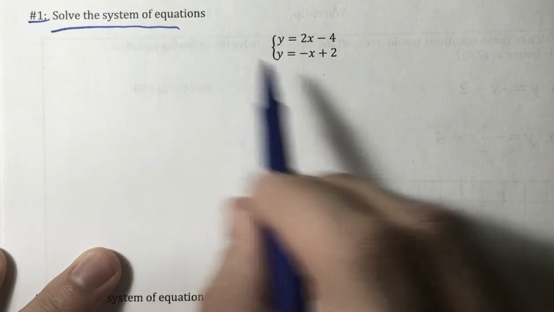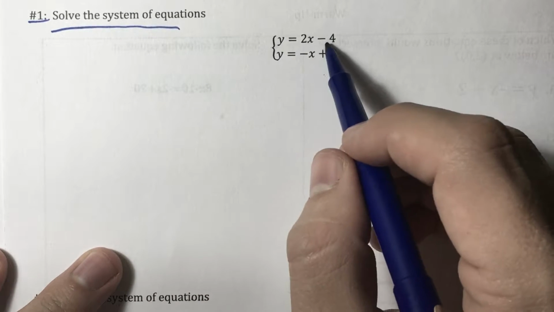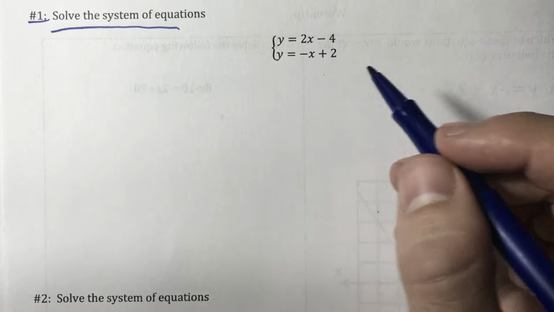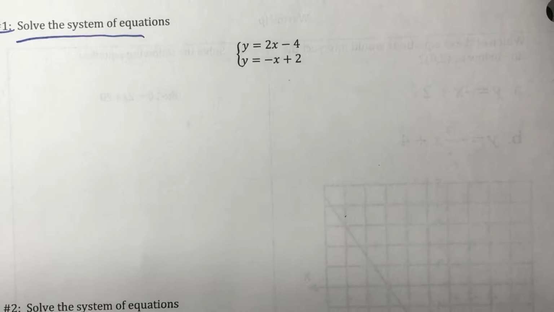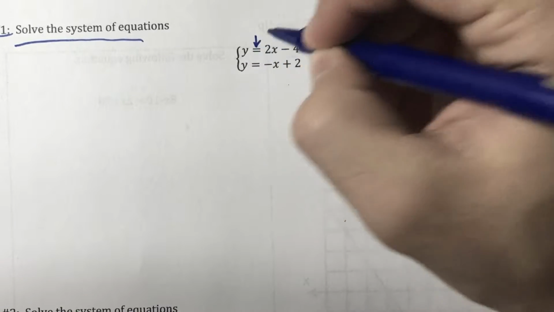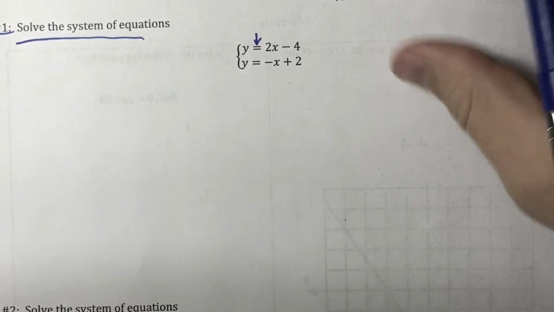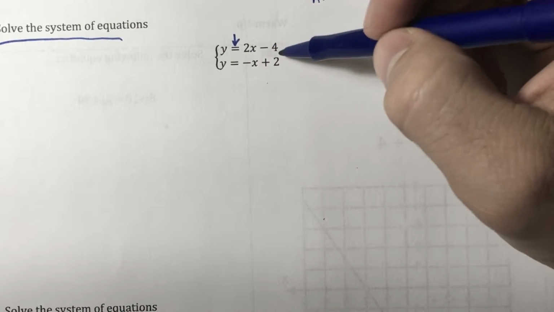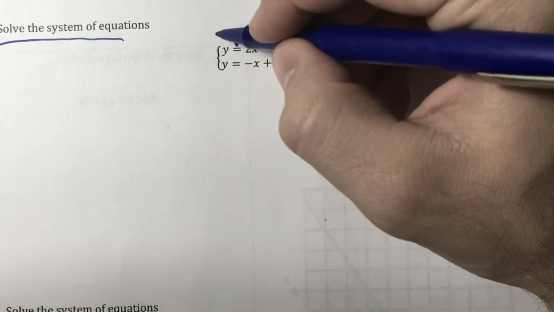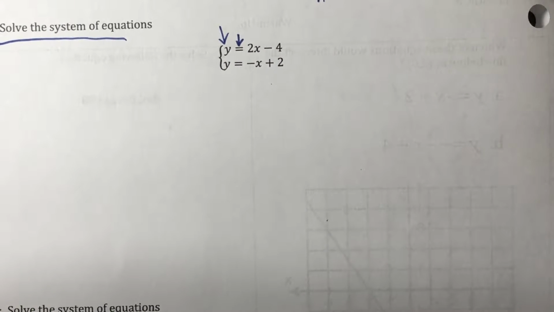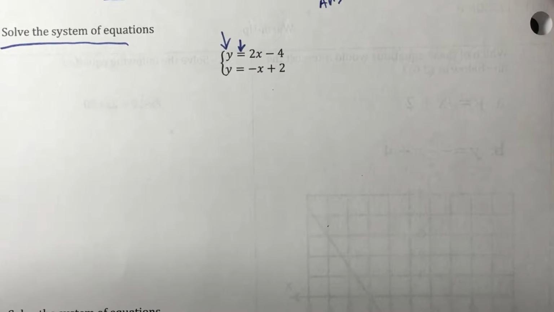So here in number 1, we're asked to solve this system of equations where we have y equals 2x minus 4 and y equals negative x plus 2. Now, the biggest piece in substitution is understanding what this equal sign means. If we just look at this top equation, y equals 2x minus 4, I want you to imagine that this side of the equation, the y, is the new iPhone that costs $500.